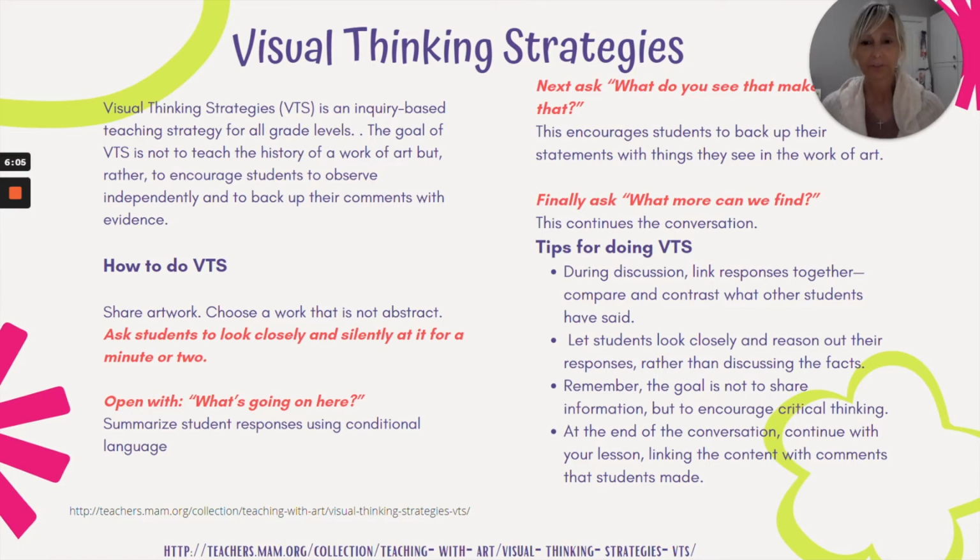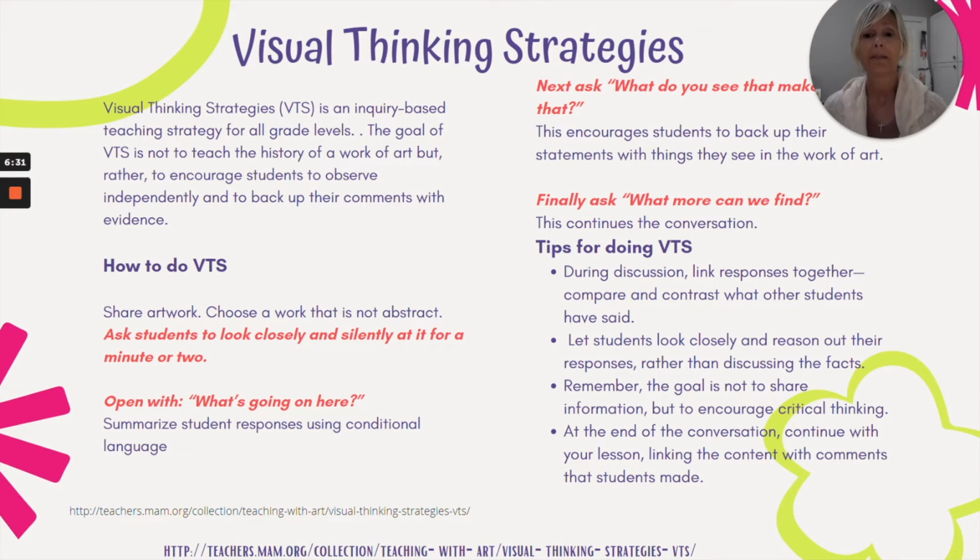What I've learned from the websites, which are linked here, is that the first thing we need to do is share an artwork. We kind of are already doing this, but this is a little more involved. They recommend not abstract art, and ask the students to look at it closely and silently for a minute or two. Then you start the conversation by asking the class what's going on here.